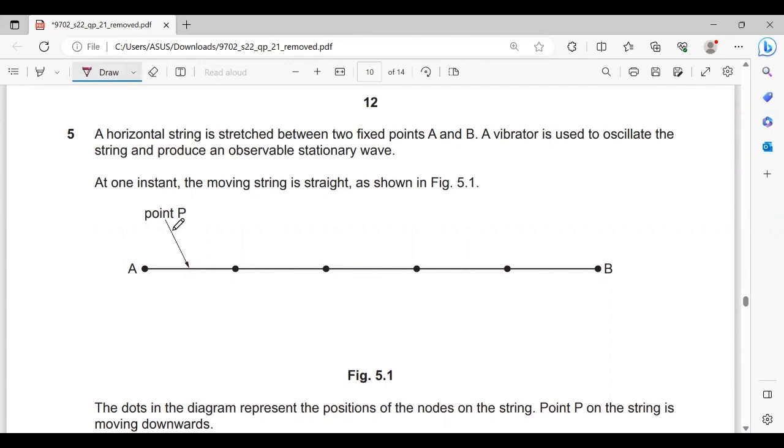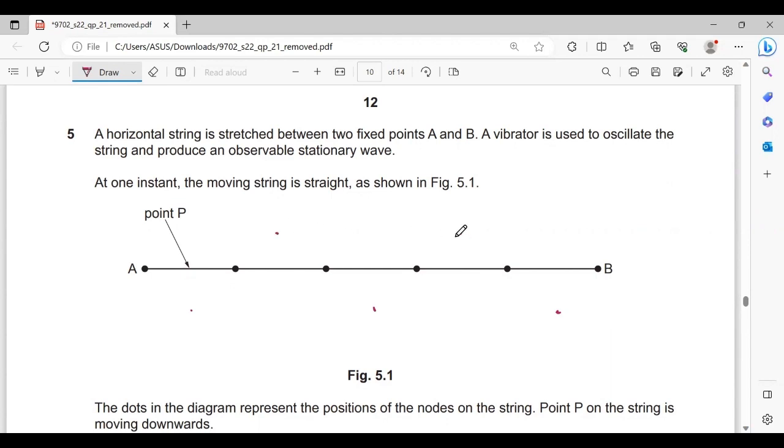I'm gonna look at point P, direction is downward. It means there's a point here, and then this one, and then here, fourth point here.